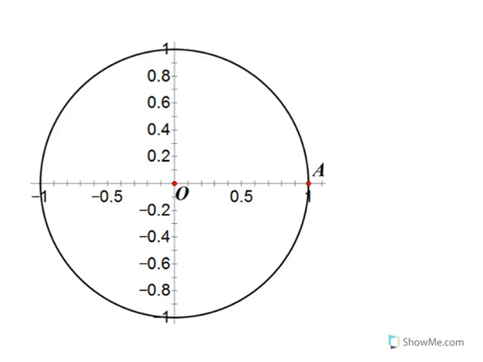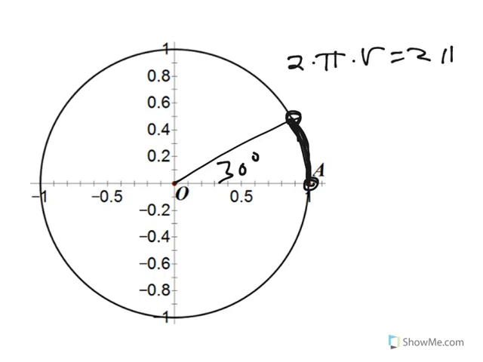So here's a unit circle with a 30-degree angle in there. And the radian measure is basically the length of this arc. Well, the whole circle is 2 times pi times radius, which is 2 pi.